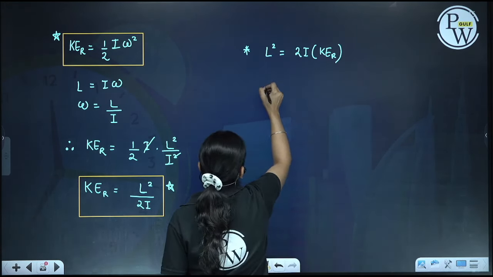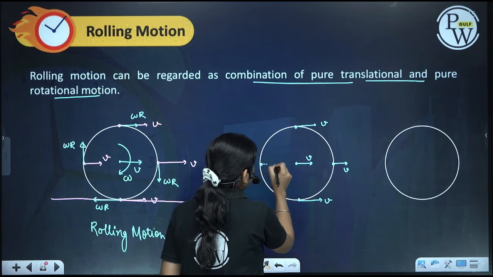Okay, every particle will have tangential velocity omega r also. So we can show that this motion is a combination of two motions, one in which the body is only translating, so the whole body is moving with velocity v like this.